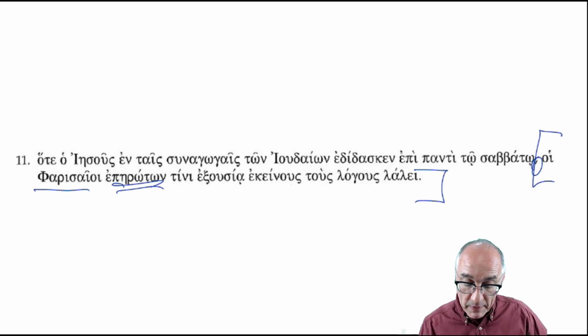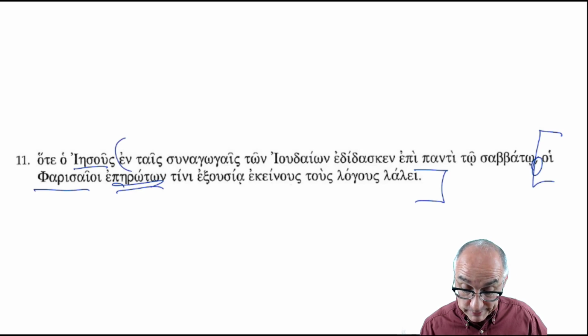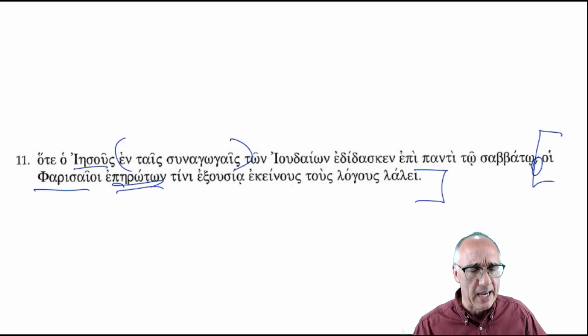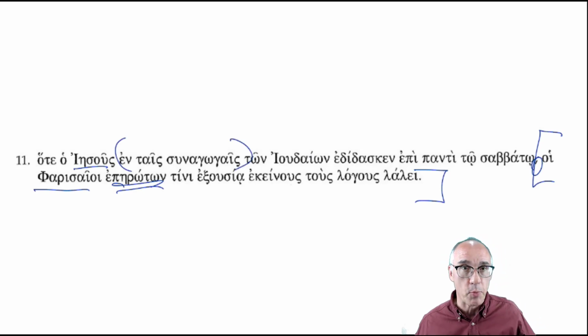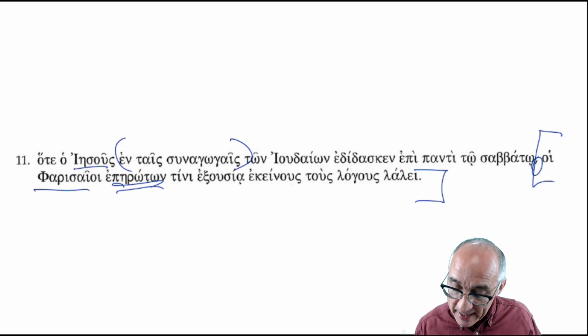Number one, in the first part we have Jesus, in the synagogue. Again, synagogue is pretty easy to recognize, even though I seem to be breaking my self-imposed rule more and more. So let's translate that while we have it.